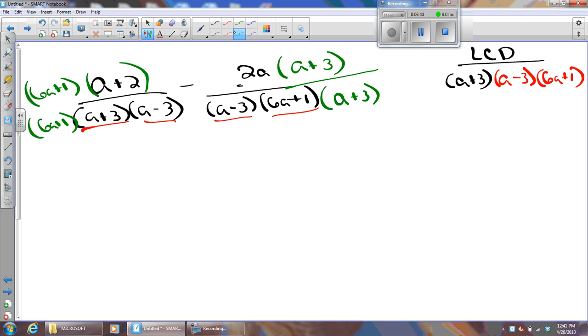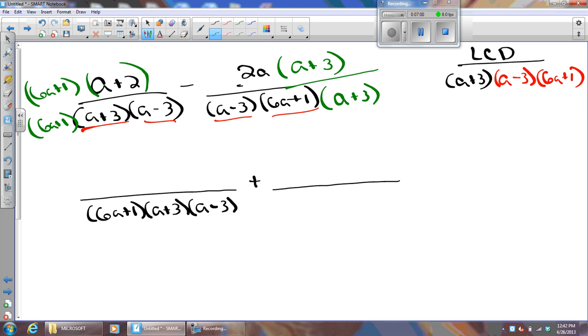All right, so let's go ahead and do that. This is a FOIL problem in the numerator. The denominator is just going to be 6a plus 1 times a plus 3 times a minus 3, all in quantities, of course. That'll be the same over here, 6a plus 1, a plus 3, a minus 3.